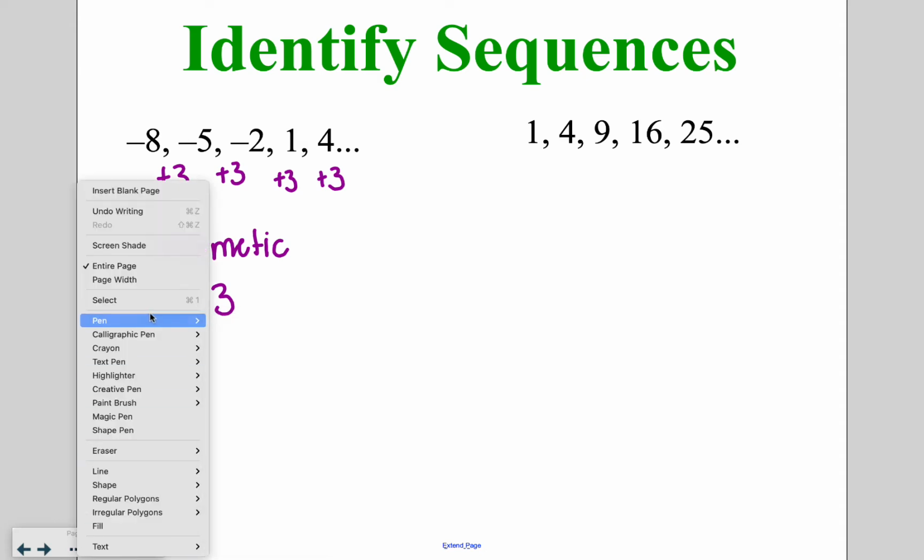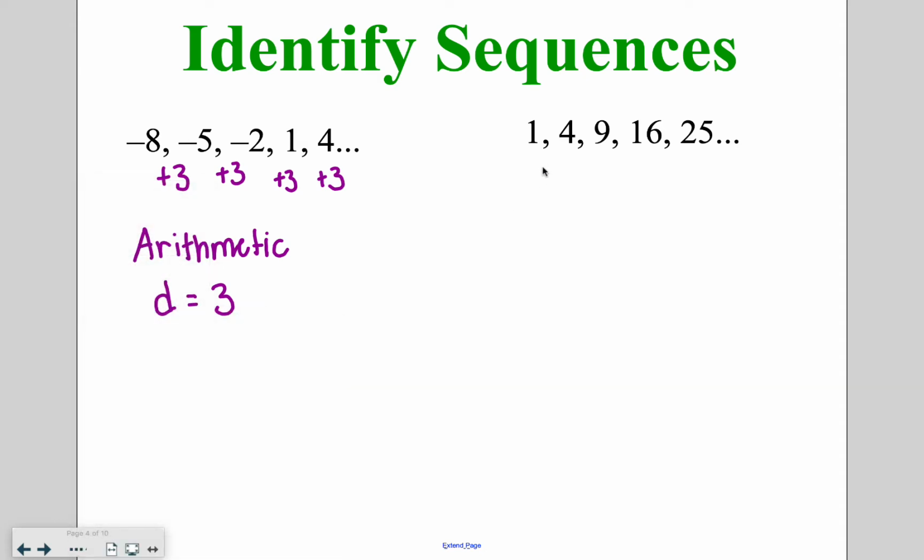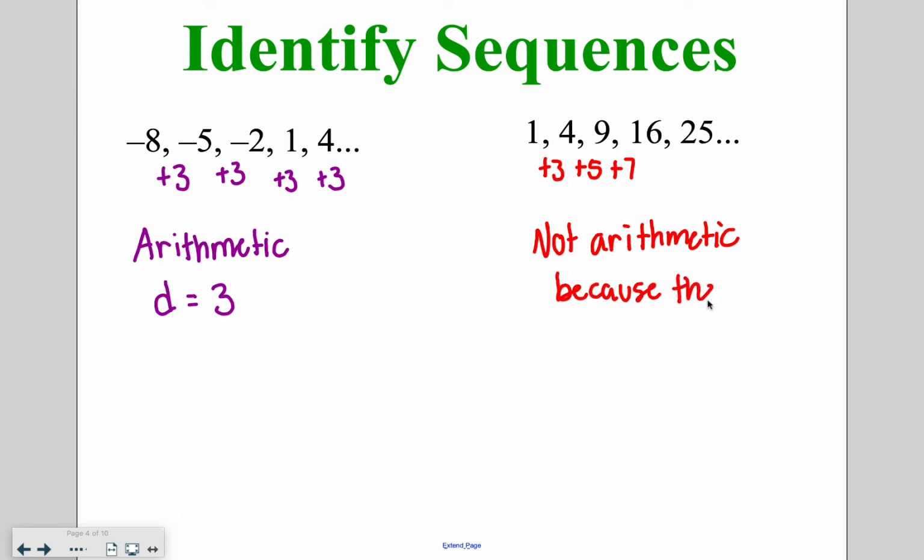If I look over at my next sequence, I've got 1 to 4 is plus 3, 4 to 9 is plus 5, 9 to 16 is plus 7. So we can already tell this is not arithmetic. You actually could have discovered that after the first two, and that is because there is no common difference.